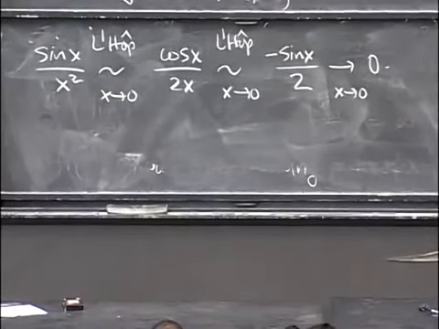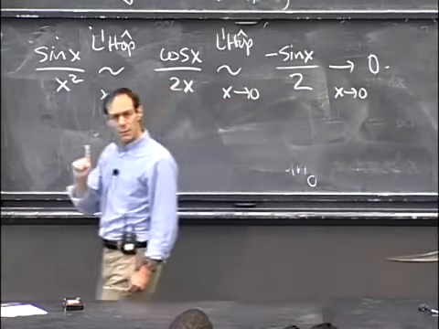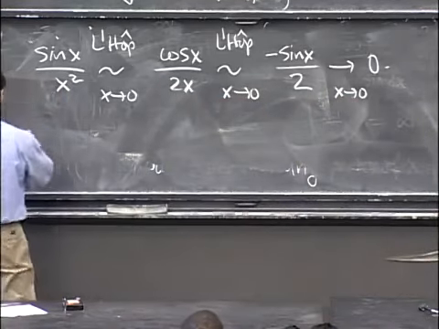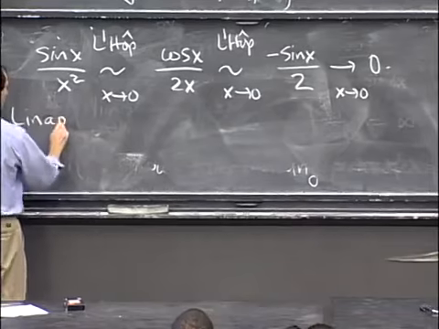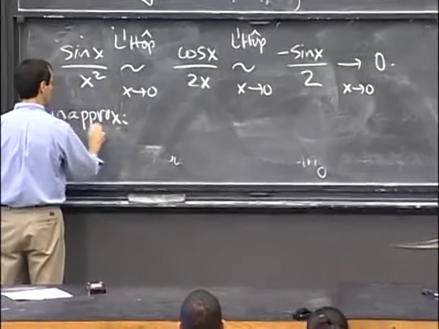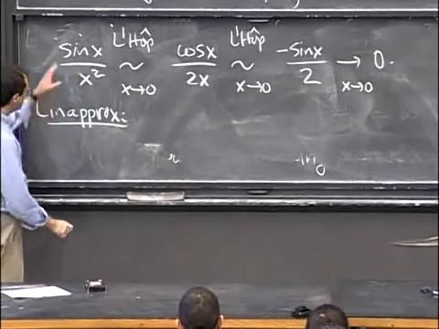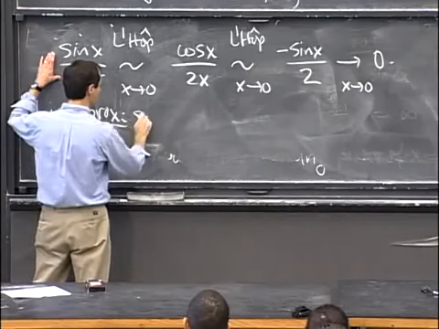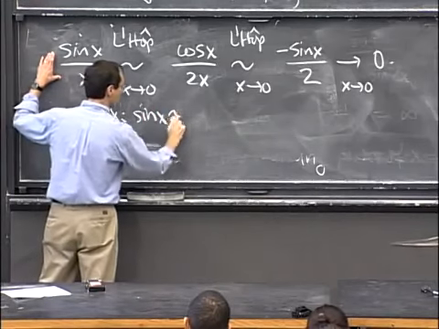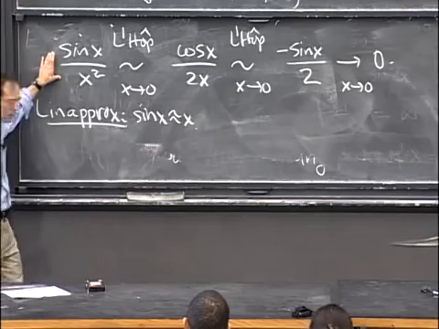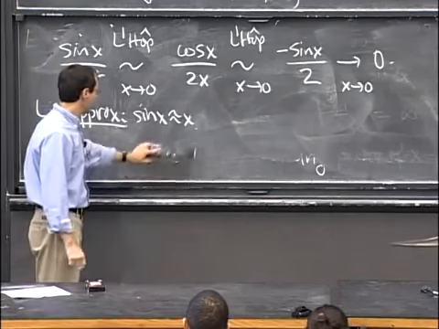Right? On the other hand, if you look at the linear approximation method, the linear approximation says that sine x is approximately x near 0. All right?